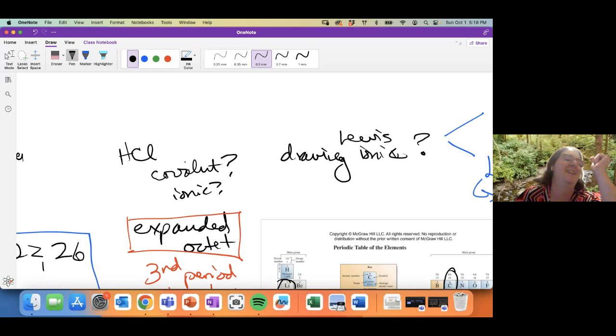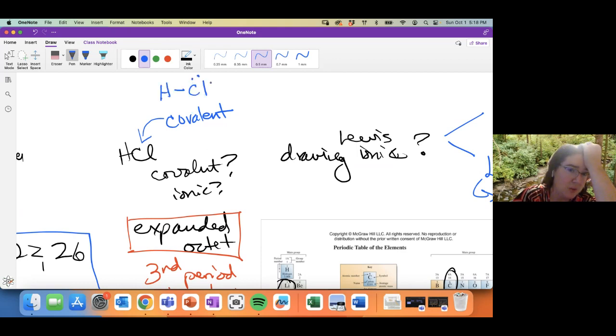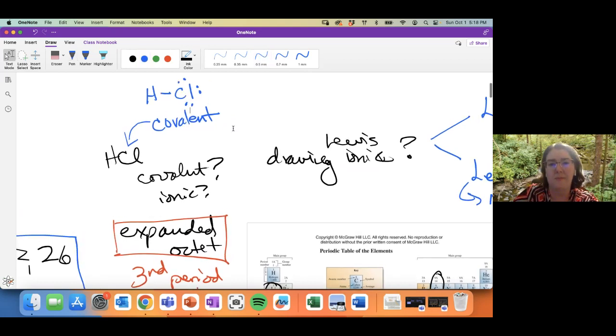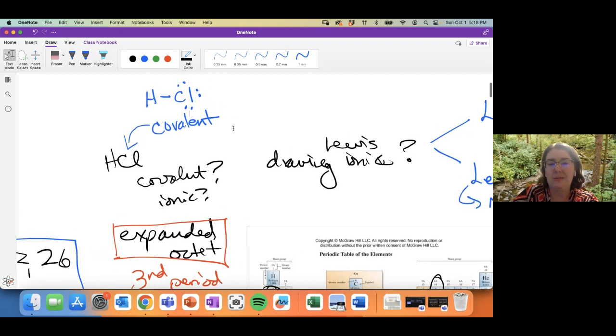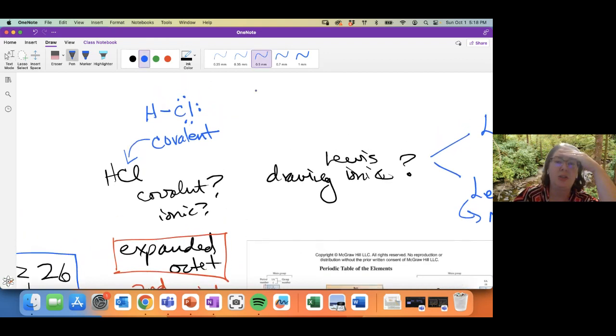HCl, is it covalent or ionic? HCl is covalent, I promise. Now, I say it like this because there is a bond between the hydrogen and the chlorine. It is a covalent bond, I promise. Now, something really unfortunate happens, which is that usually you see HCl in 2 different contexts.